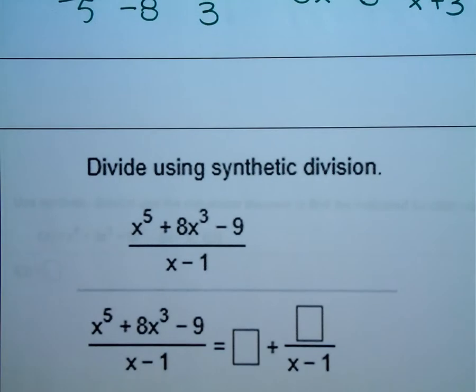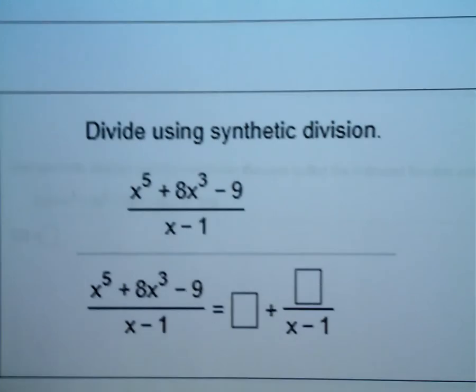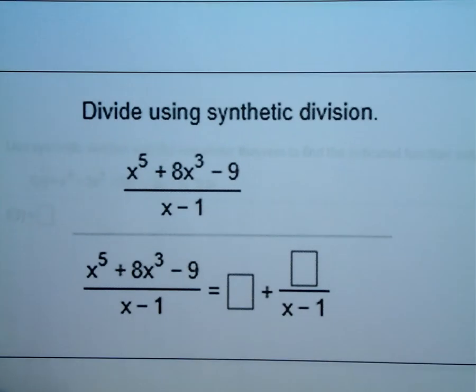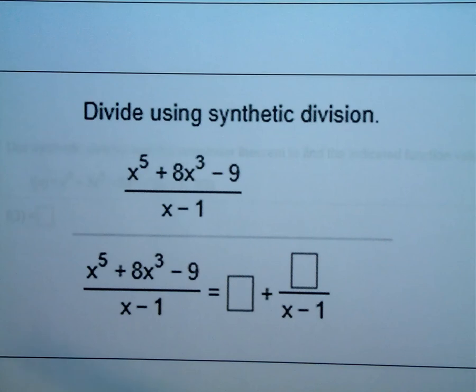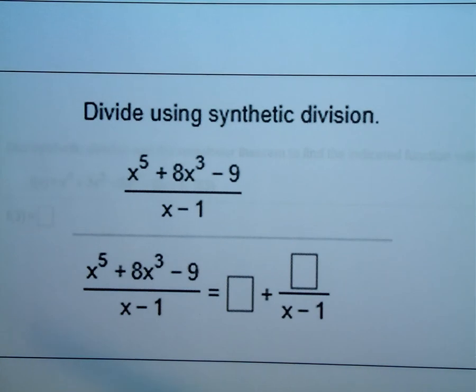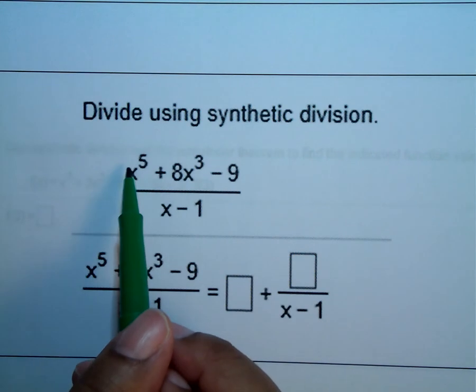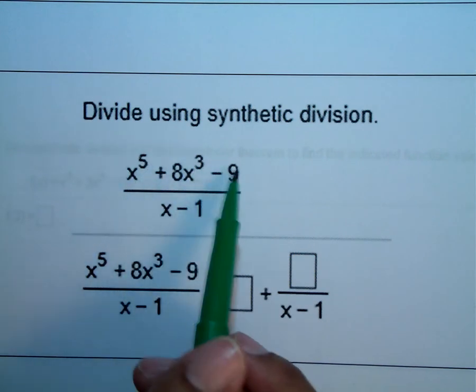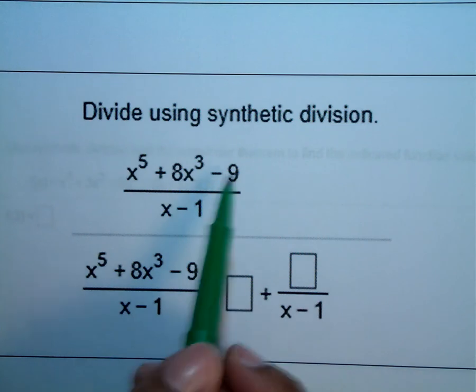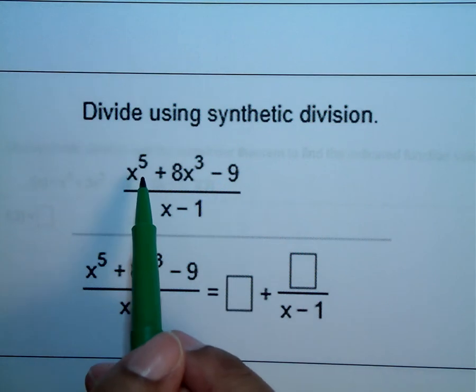Then we got one more synthetic division. Dividing using synthetic division. Then we're going to use the synthetic division to find something else. Alright, so notice with this one, I have them in descending order. 5, 3, and then nothing. But I don't have all my powers represented.